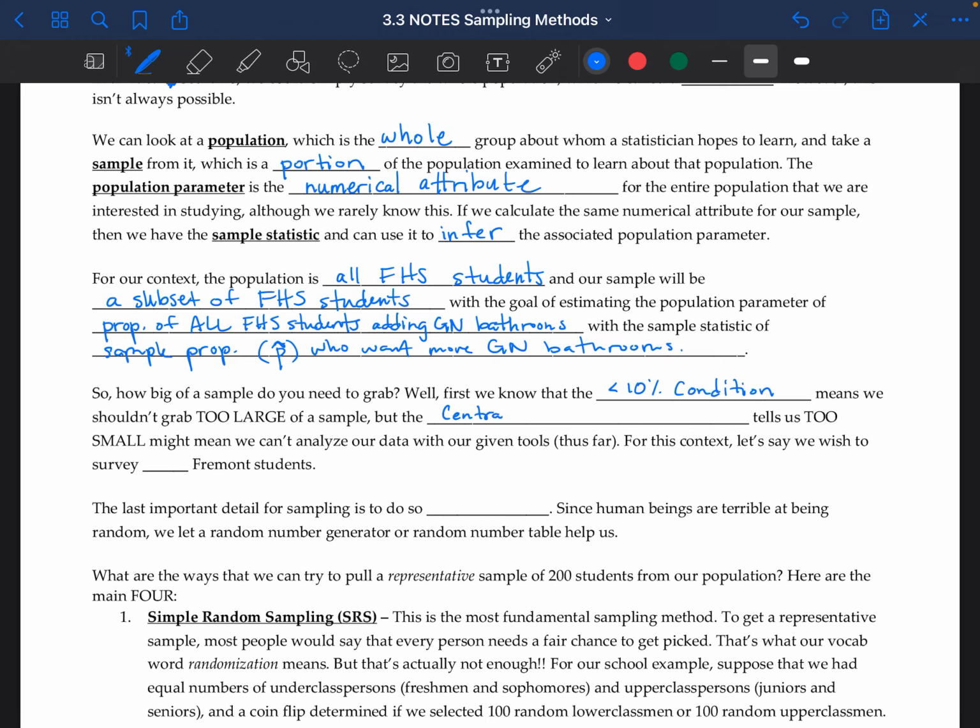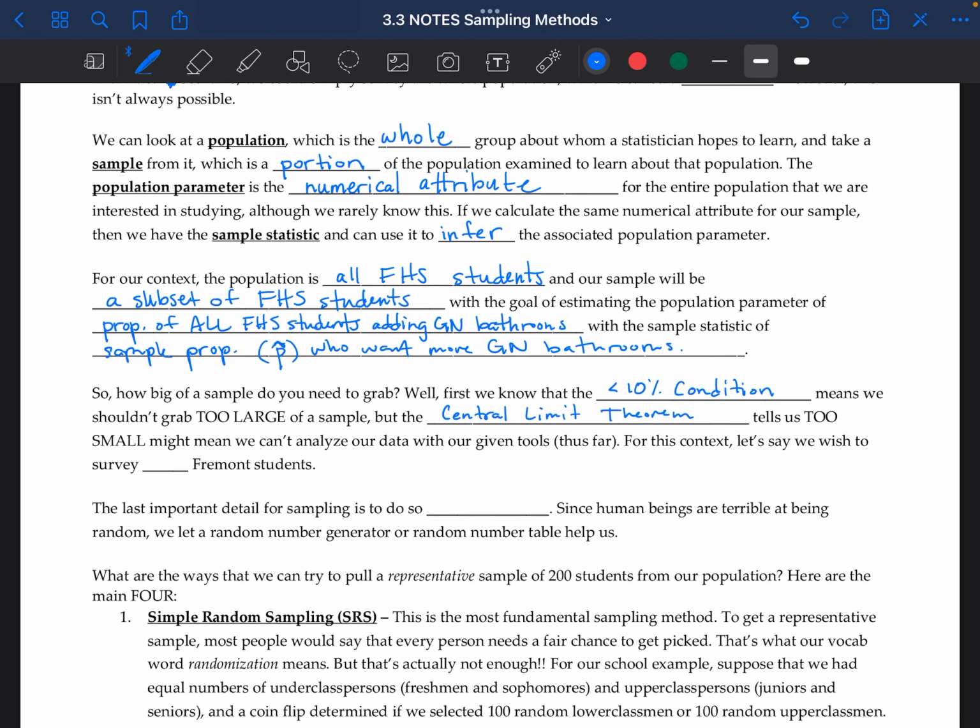But we also know that if we want to do some analysis on our sample, then the central limit theorem gives us a lower cap. Now, this isn't always possible. Sometimes you might not have the option to choose how many people to poll. Sometimes there are limitations.